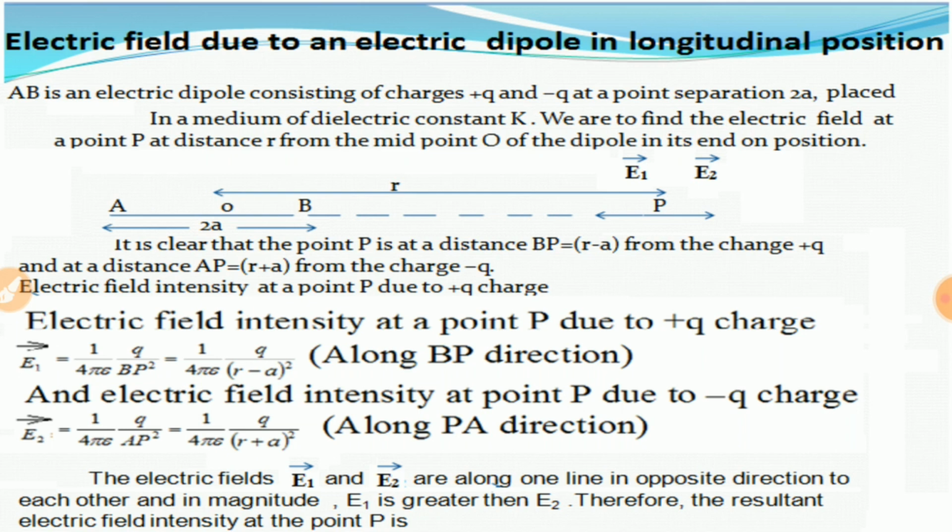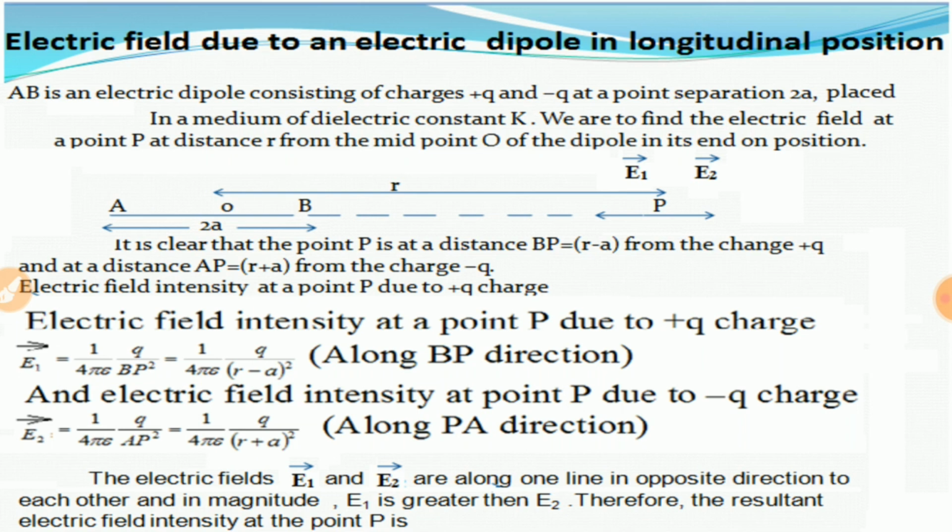Here E1 and E2 are along one line in opposite directions to each other, and in magnitude E1 is greater than E2, because the plus charge is nearer to point P as compared to point A. So according to the definition of electric field, E1 will be greater than E2.